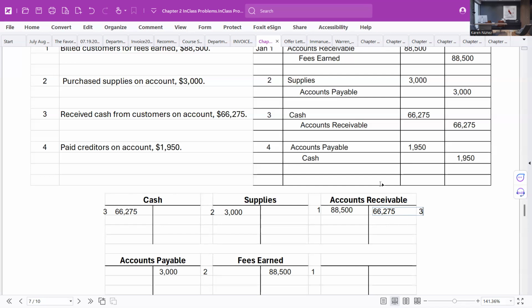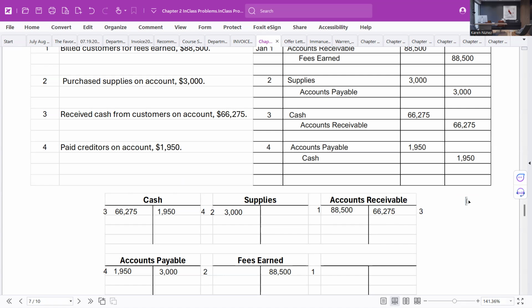And then lastly, on the 4th, we have a debit to accounts payable of $1,950 and a credit to the cash account for $1,950. And that is on January 4th. And that's it. I have posted all four of those transactions to the T accounts.